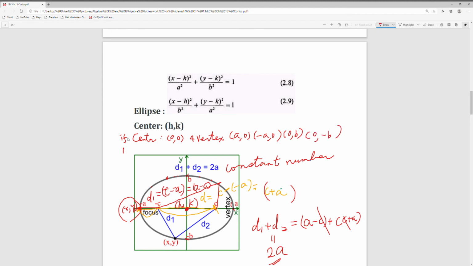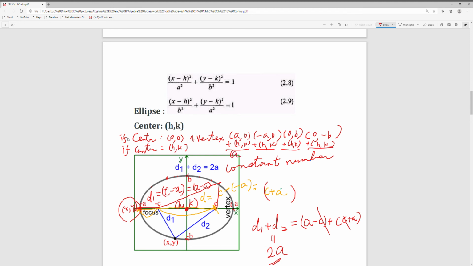If the center is (h, k), then these four vertices plus (h, k), plus h and k together.